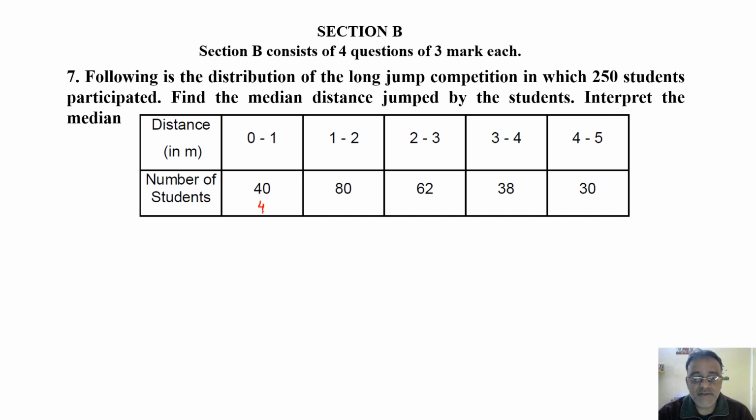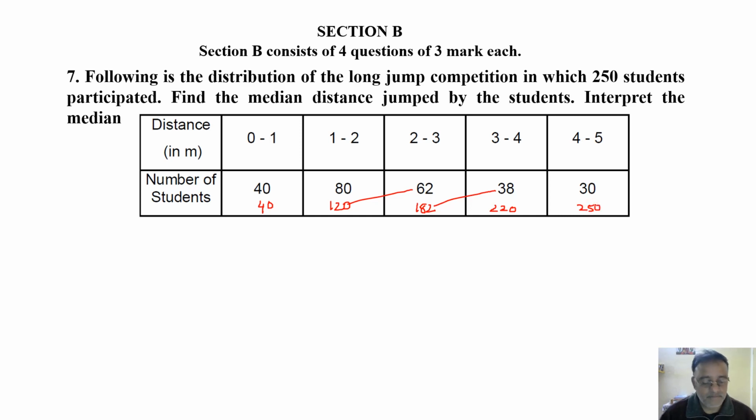So the first one is 40, the second is 120, then 182, then 220, and the last one is 250.